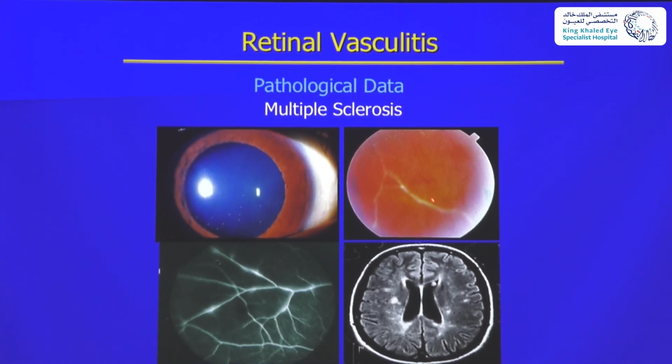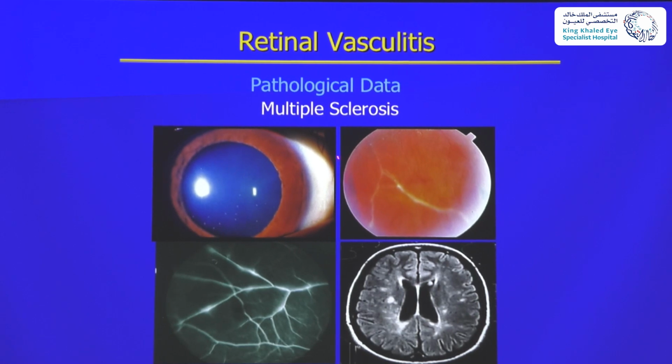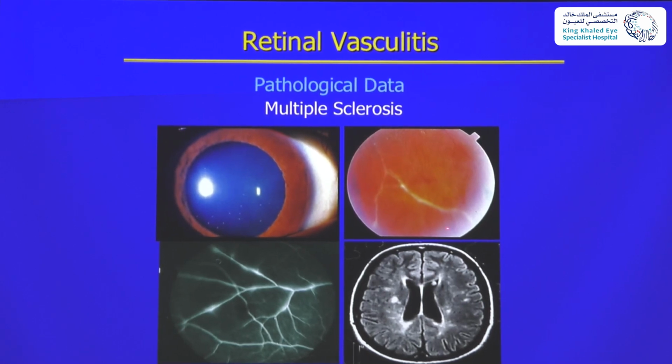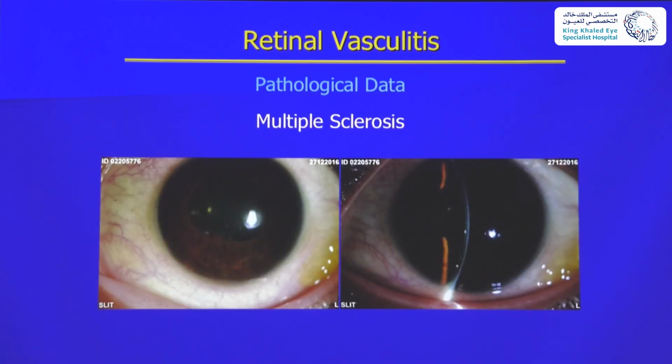This is typical vascular sheathing, which we described in our last paper as elongated vascular sheathing. If you do fluorescein angiography, the leakage is very suggestive. It is not diffuse leakage, it is focal leakage. So this pattern of sheathing in the periphery with focal leakage is highly suggestive of MS.